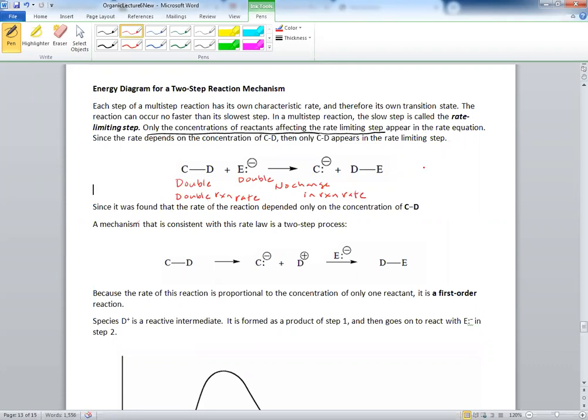And the reason why is because the reaction rate would be R equals K times the concentration of CD. Notice that E is not part of it.